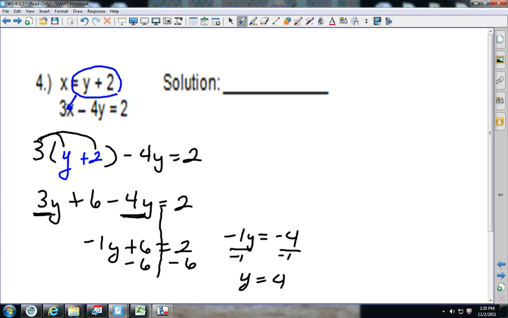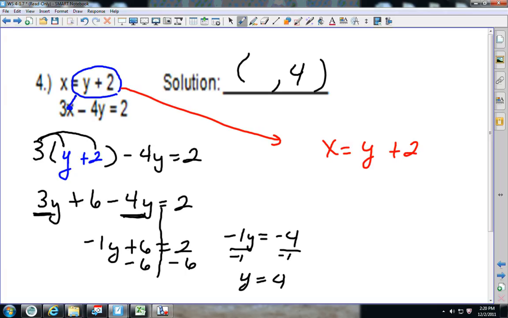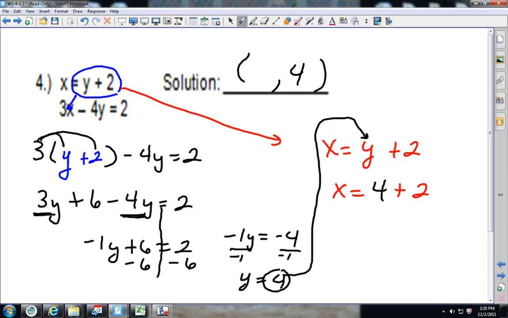Y is 4. Okay, so I go up here. I've got x equals y plus 2. Y is 4. X equals 4 plus 2. X equals 6. And there's my solution.